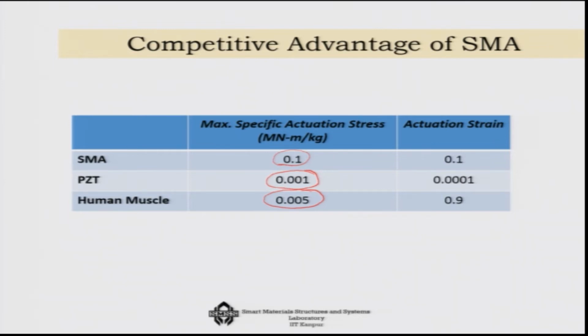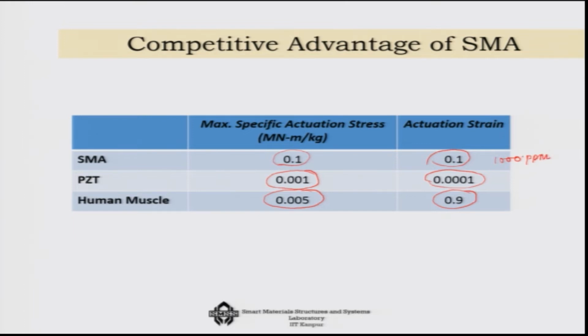robotics. In terms of strain, piezoelectric material shows very small strain, human muscle shows a larger strain, but SMA shows a strain of around 0.1. So, it is not very high in terms of strain, and the 0.1 is also the maximum, which we call 100,000 parts per million.